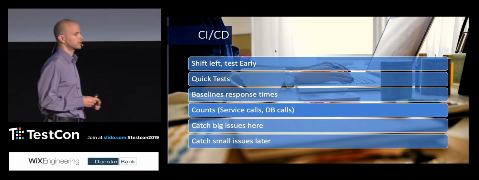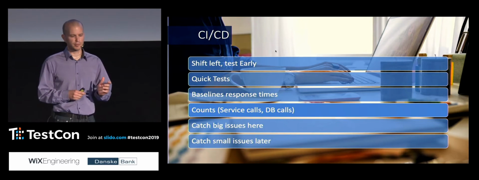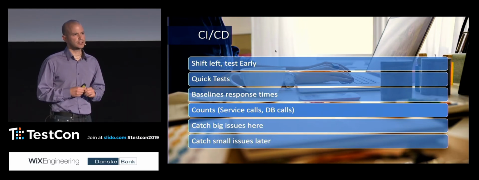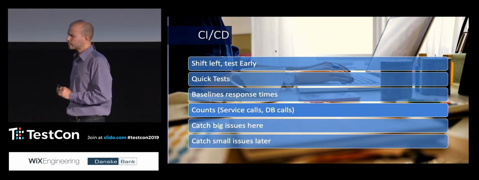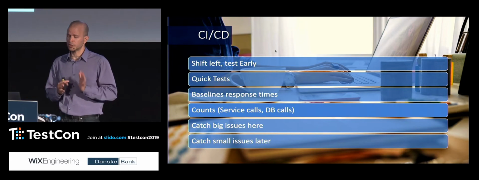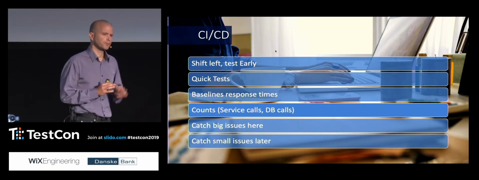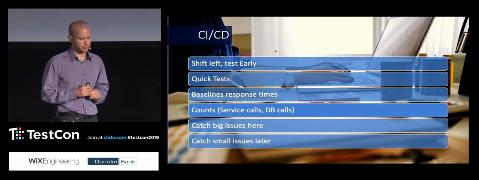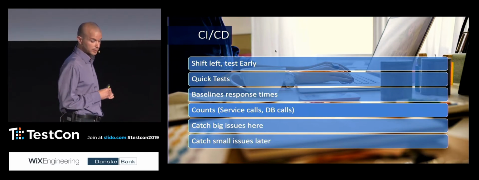It's not a scalability test, it's just a performance test where you're really establishing baselines of your code, running a few transactions against it. Do not use average. Average is always bad for performance, but if there are questions around that, we can talk about it. You want to use something like the 50th percentile, and it's much more accurate.